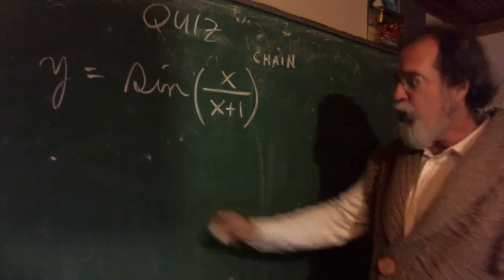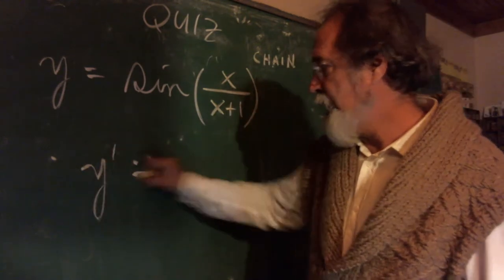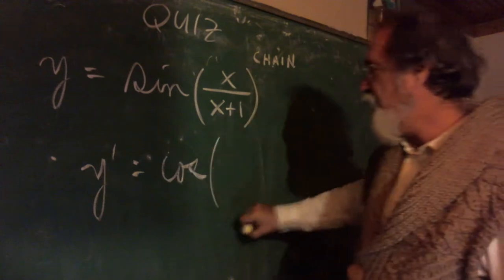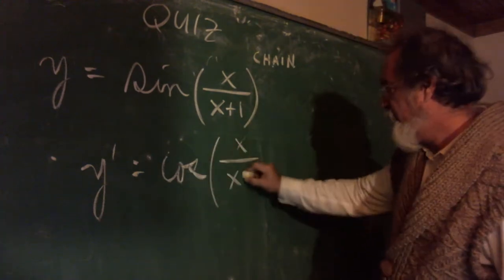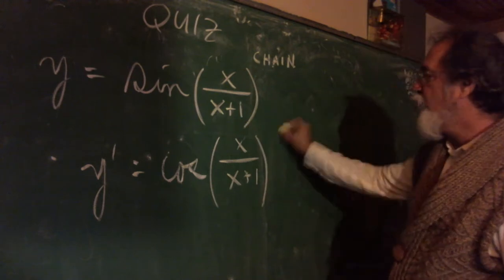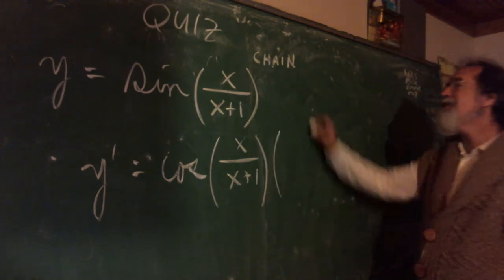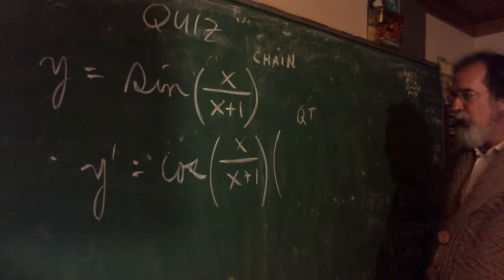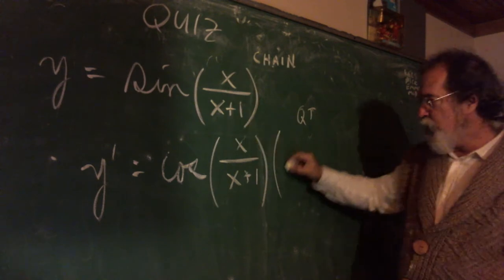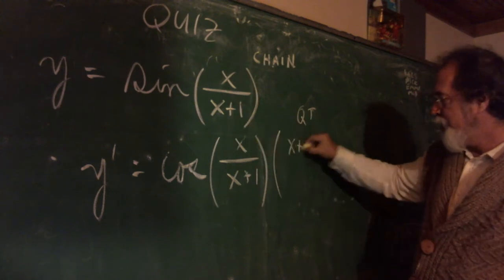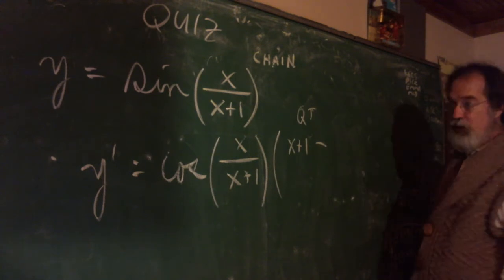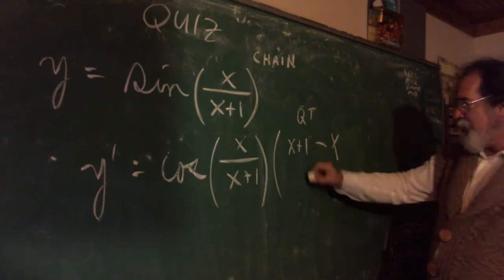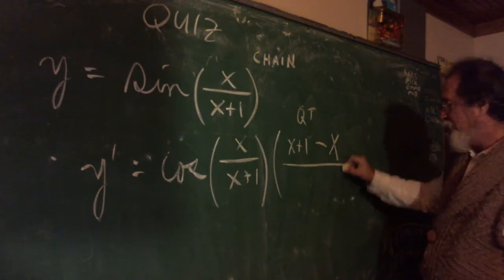And the derivative, y prime equals cosine, derivative of the outside. Inside, unchanged. Times the derivative of the inside. Quotient rule now. I'm doing a quotient rule. Derivative of the top is 1 times the bottom, 1 times x plus 1, minus the derivative of the bottom, which is a 1 times the top, all over the bottom squared.